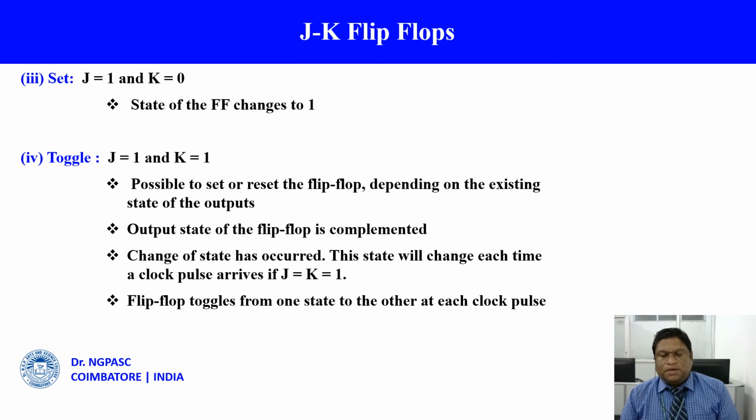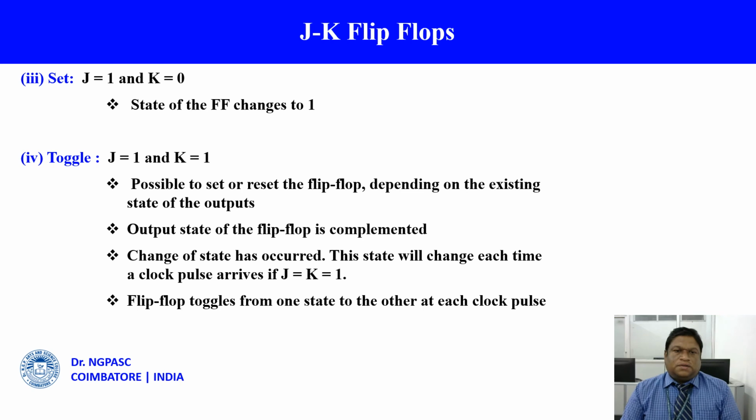The first time it attains the value Q equal to 1, and at the next clock pulse the value will become 0. Similarly, Q bar is immediately the complement of Q, so Q and Q bar are always in complementary states.